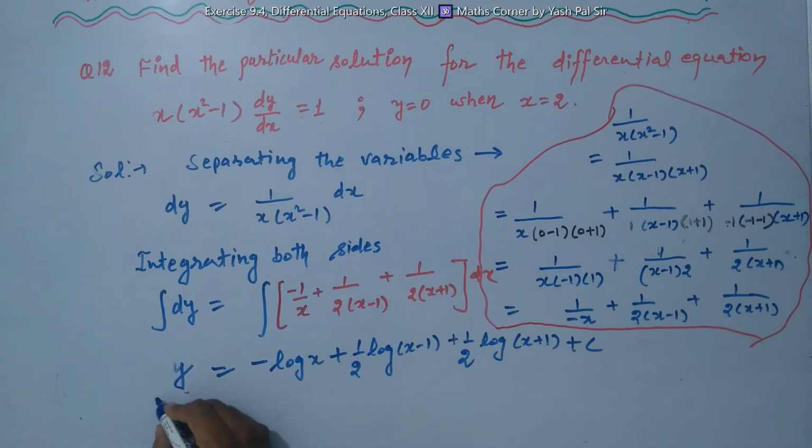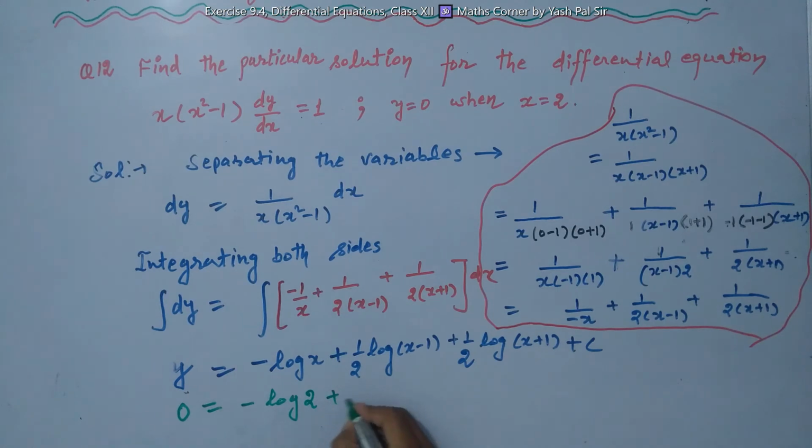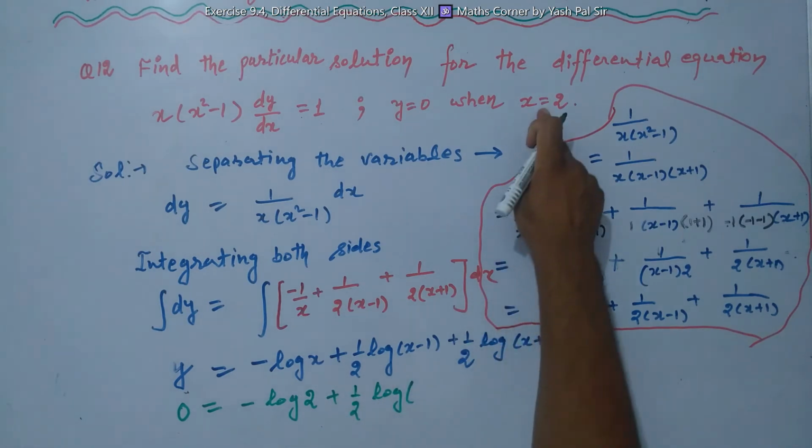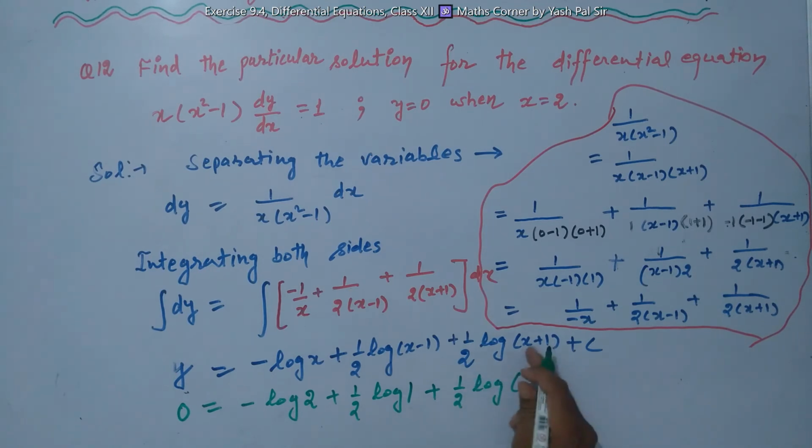So here we are taking y equal to 0. This becomes minus log of x, which is 2, plus 1 upon 2 log of x taken as 2: 2 minus 1 becomes 1, plus 1 upon 2 log of 1 plus 1 becomes 2, plus c.